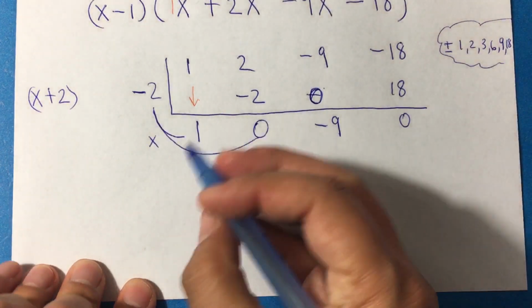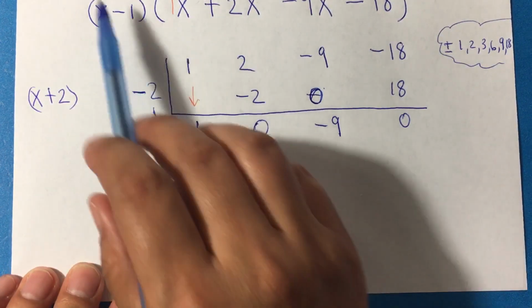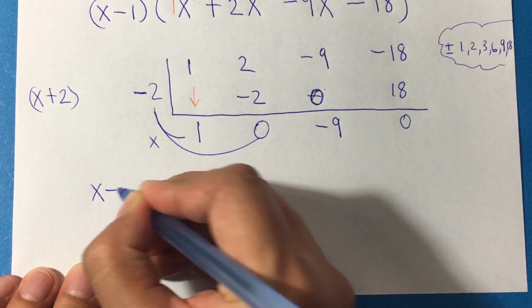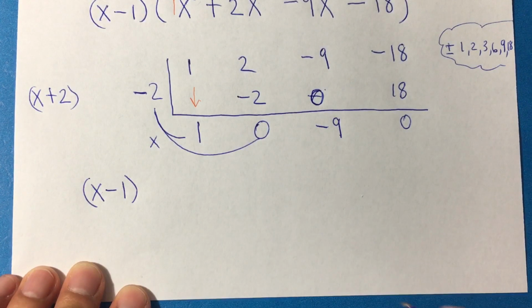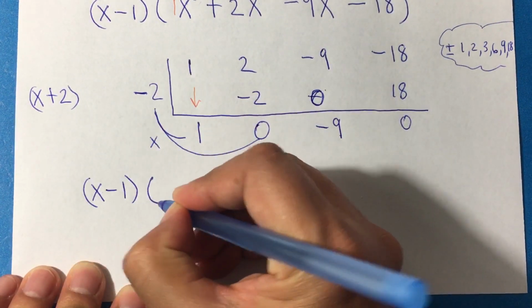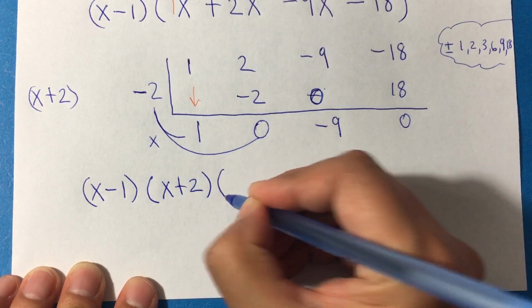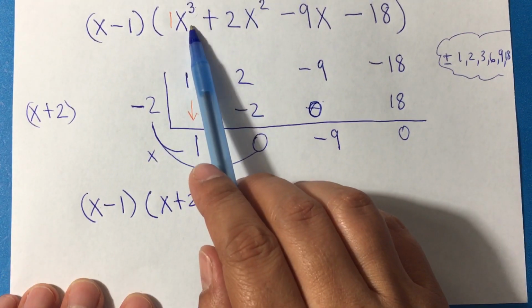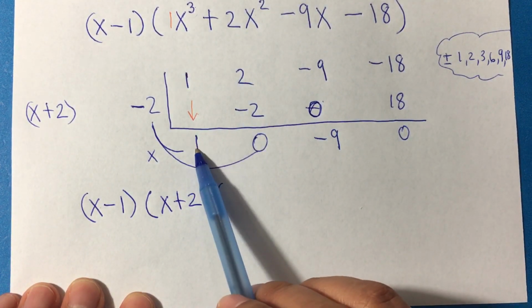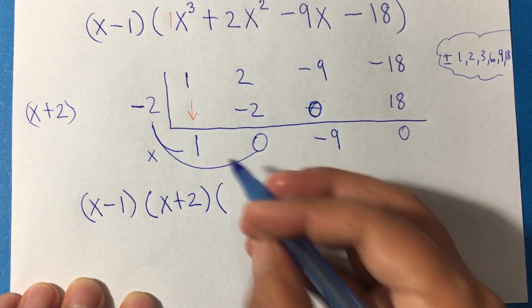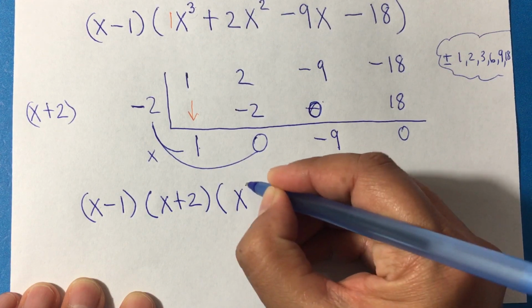So we bring down the x minus 1 because we already found that that's a factor. We found out that x plus 2 is also another factor. And again, because we had x cubed, that means that this is the coefficient of the next one, the x squared. So 1 x squared.